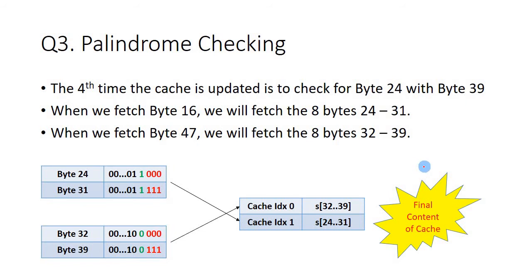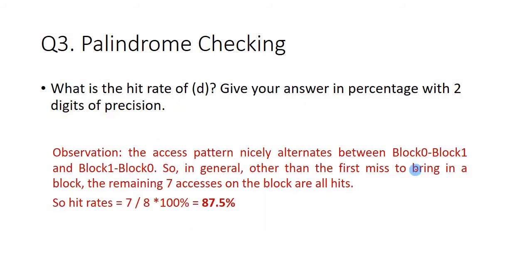So you can see that with this data arrangement, for every byte access, I'm fetching a full 8-byte block, and the first one is a miss, and the remaining 7 are a hit. Because of this, my hit rate is 7 out of 8 for every access, so it is 87.5%, which is very high.